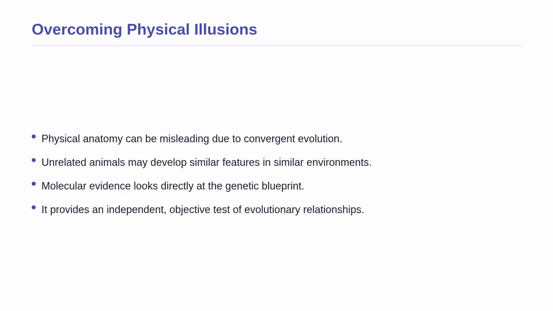Molecular evidence cuts right through this confusion. By looking directly at the genetic blueprint, which rarely lies, we gain an independent and objective way to test relationships. This is especially vital for understanding organisms that leave no fossils, like bacteria or soft-bodied creatures.